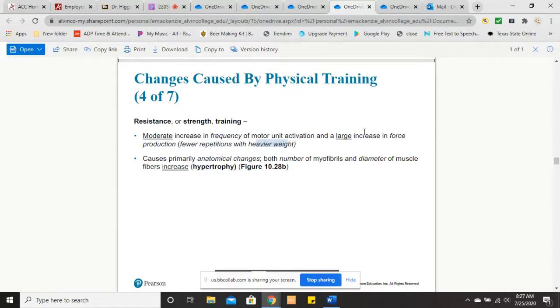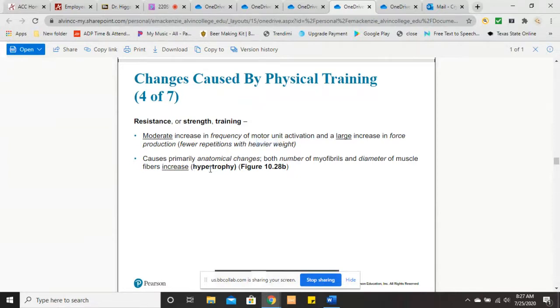What else? They even have an increase in force production. Again, this is all because of increases in motor unit activation. If you can activate more of your muscle cells, yes, you're going to generate a greater force to lift up that heavier weight.